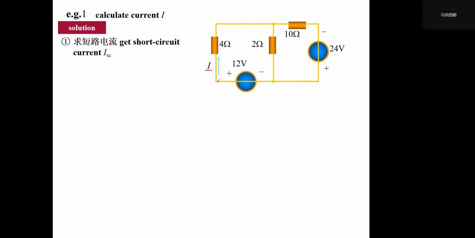Actually, from the traditional KCL and KVL equations, we can also calculate that. In this circuit, we can use the mesh current method. But instead of that, we can do it another way, using the so-called Norton equivalent method.